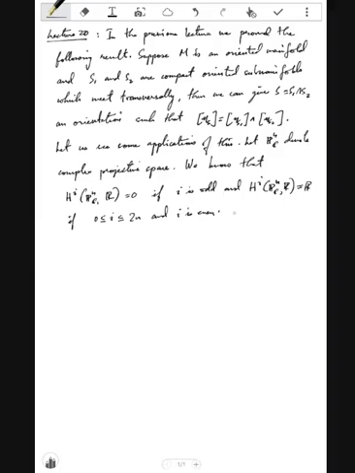So let us compute the ring structure on cohomology.